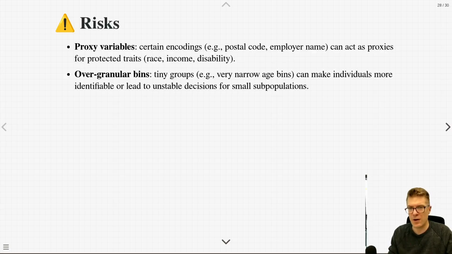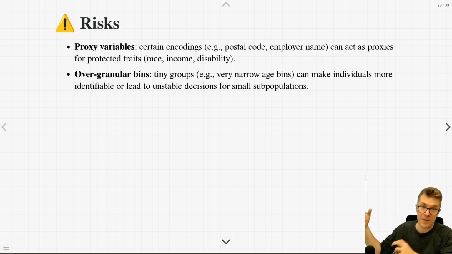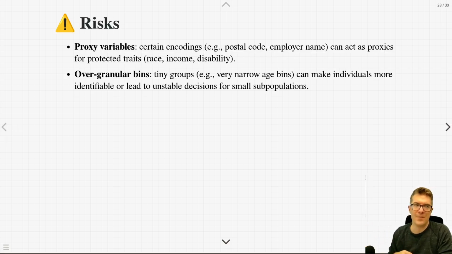And therefore, if you're learning a model that only has postal code, that's kind of a way that information leaks in about their ethnic background. So even though you've removed the column ethnic group, information about the ethnic group has snuck in. And so on. A lot of these proxy variables that represent other variables, because they're correlated with each other, can be a risk.